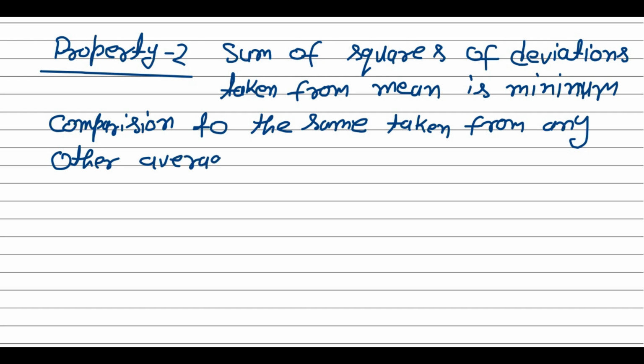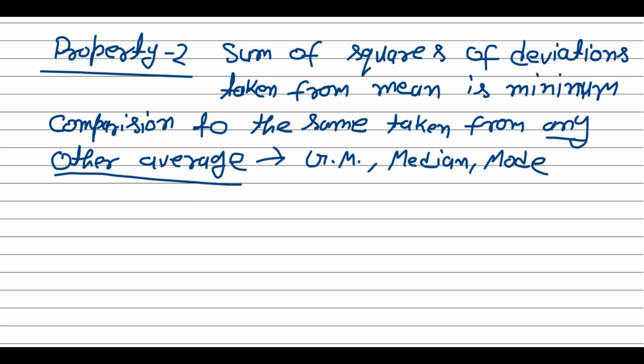Here any other average means that may be geometric mean, median, mode and also harmonic mean. So the sum of squares of deviations would be minimum if it is taken from the arithmetic mean.